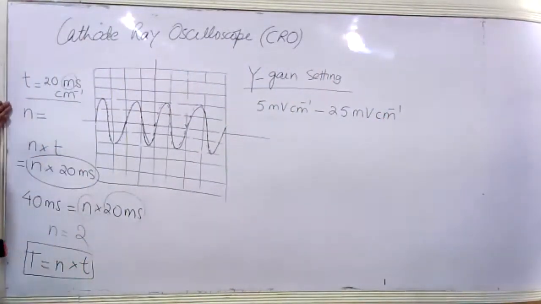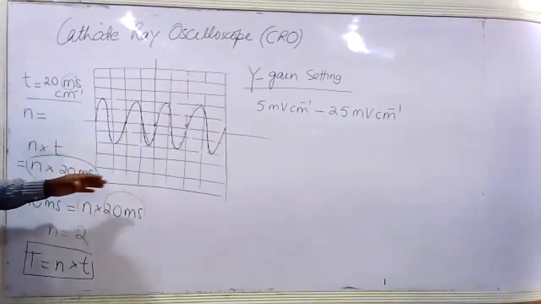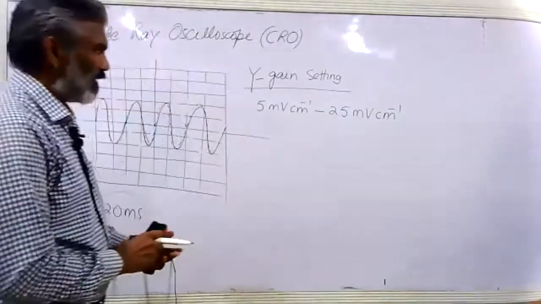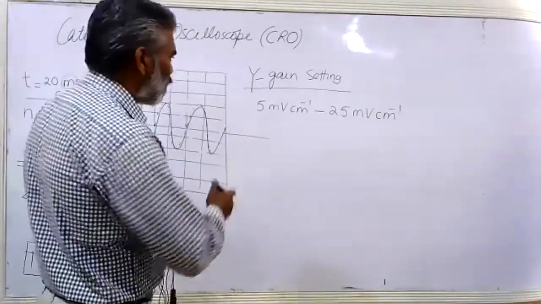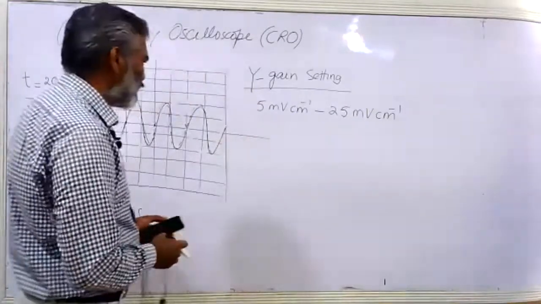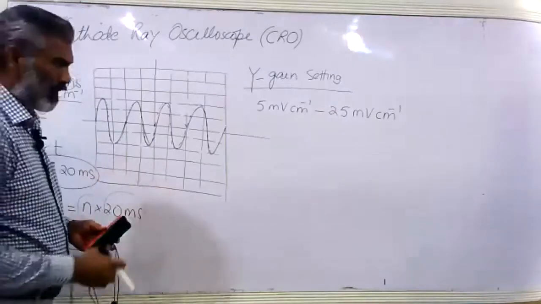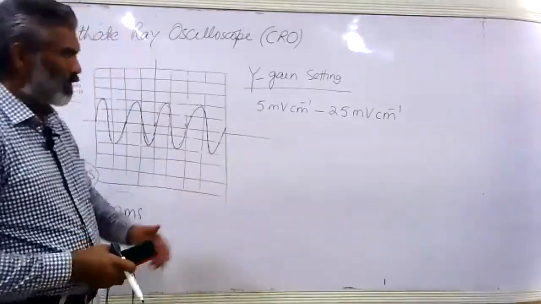Like time-base setting usually has the options of 5 millisecond to 25 millisecond per centimeter. This is 5 millivolt per centimeter to 25 millivolt per centimeter. This range signifies what will be the height of this trace when a certain voltage signal is connected to it.